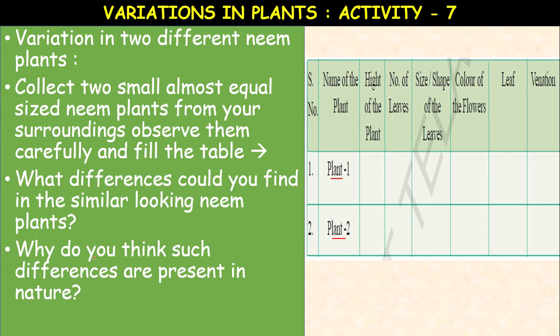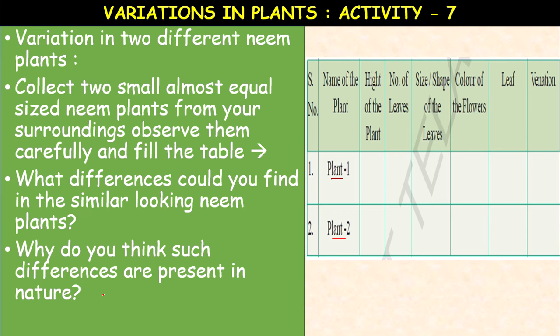Okay, so why do you think such differences are present in nature? Definitely you need to think. Even in human beings, even in your class, among people of the same age, there is a lot of variation in the height, variation in the thinking, in every aspect there are variations.